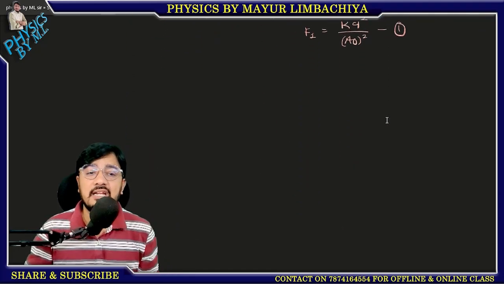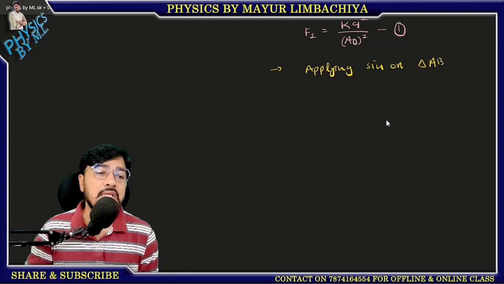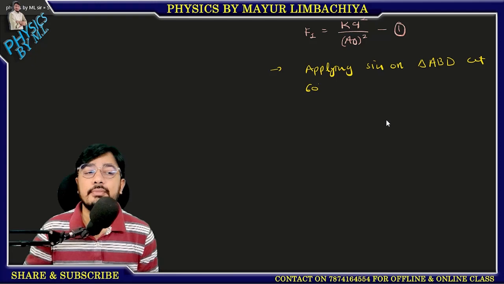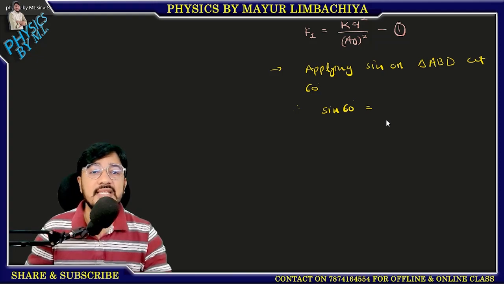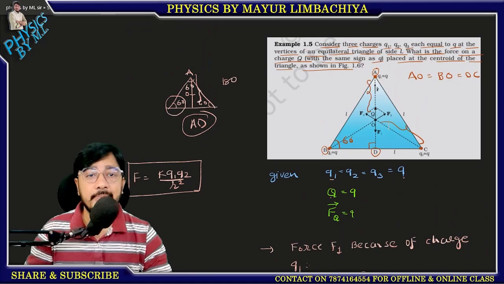Now I can write, applying sine on right angle triangle ABD at 60. Can I write like this? Sine 60 is equal to the opposite side divided by the hypotenuse.